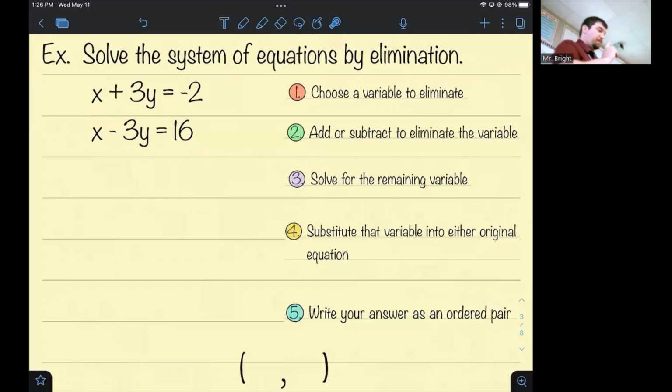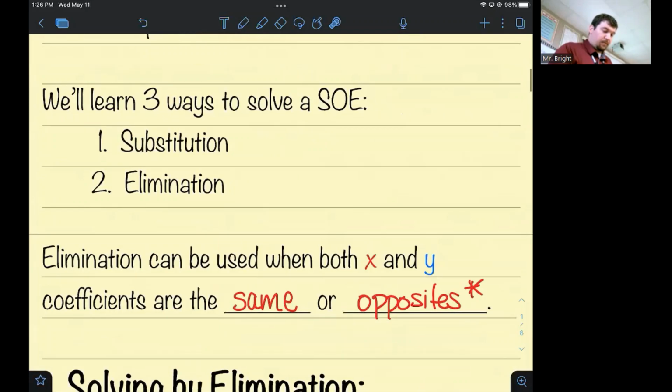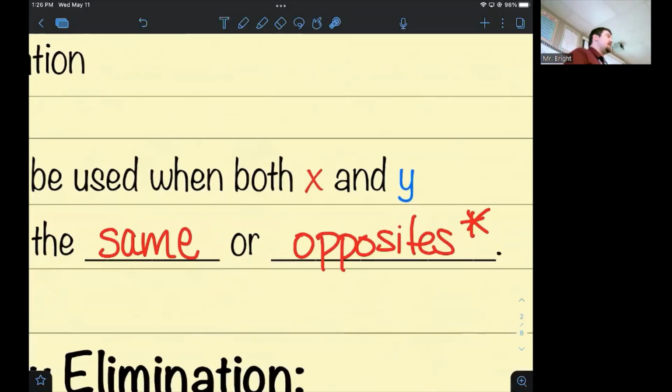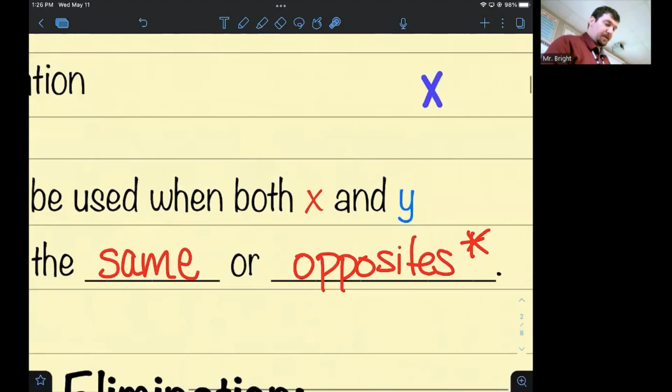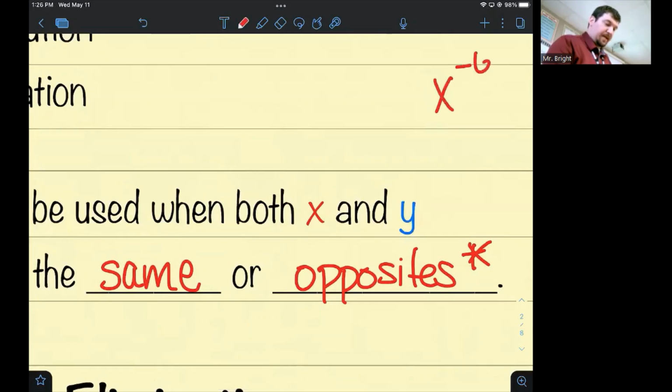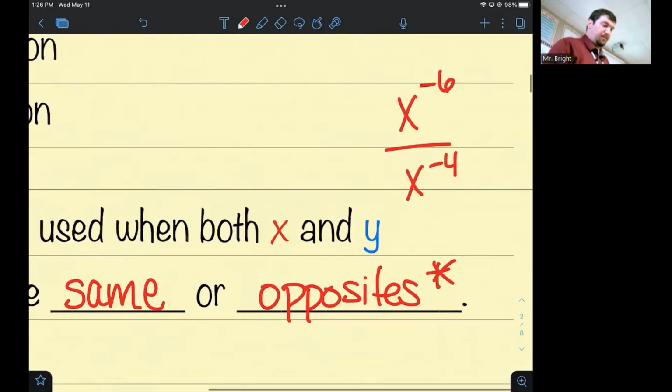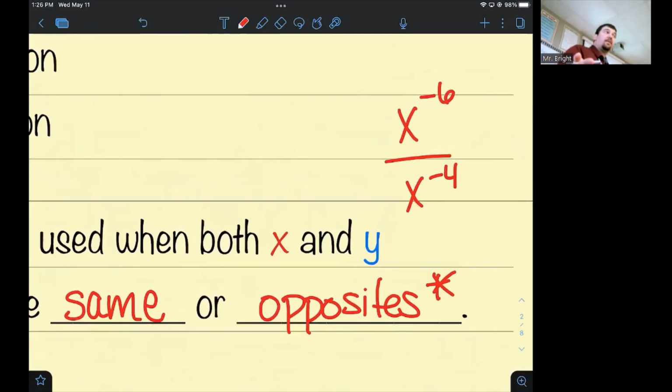By subtracting. Now, the reason I prefer them to be the opposite instead of the same is because adding integers is easier than subtracting integers. Adding integers in my head is easier to do than subtracting, and I can prove this because some of you made mental math mistakes on your last test, where you were doing x to the -6th over x to the -4th, and I was getting people to say x to the -10th, when in reality you're doing -6 minus -4, which is the same as -6 plus 4, which is -2.